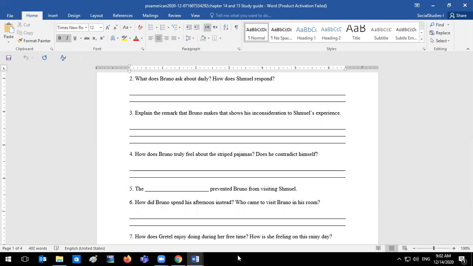Of course, this is a lie that he only says to cover up his situation with Gretel. He doesn't want her asking questions. He doesn't want her to suspect that he truly does have a friend named Shmuel, because he will get in trouble, and it'll be a big problem.